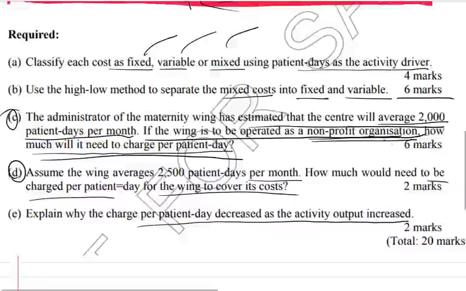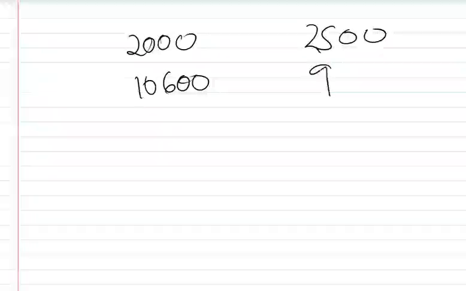So the last question is asking us to explain why the charge per patient day decreases as the activity output increases. What's the reason for this decrease? Right? For 2,000, we're charging 10,600. For 2,500, we're charging 9,840. Why has it decreased instead of increasing?